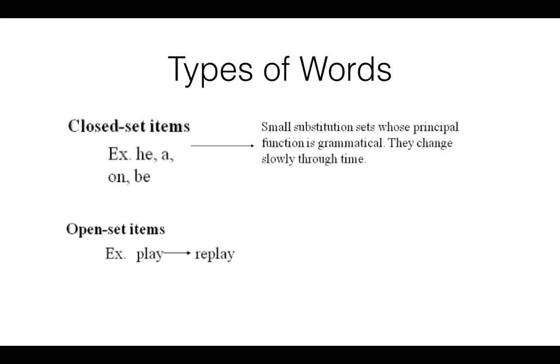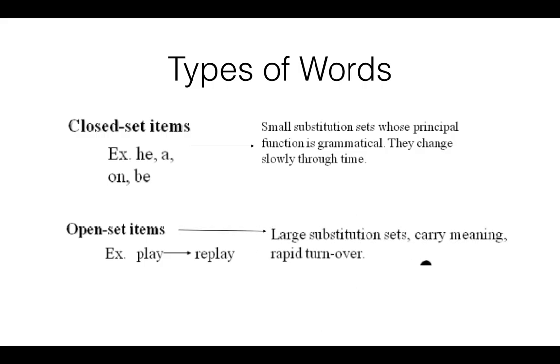Open set items, for example play, replay, are large substitution sets that carry meaning and have rapid turnover. Open means that you can have many, infinite. But the closed set items are closed. You have a number of them, and that's it.